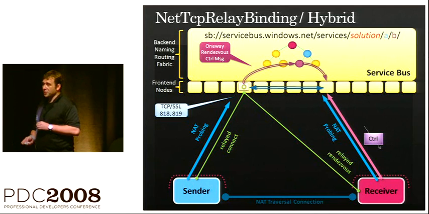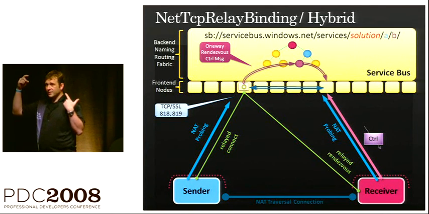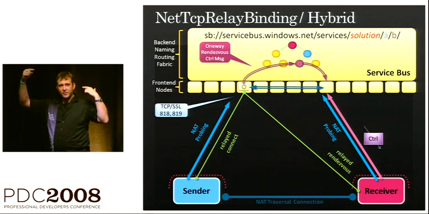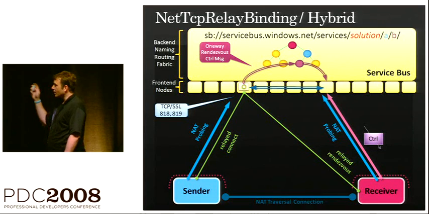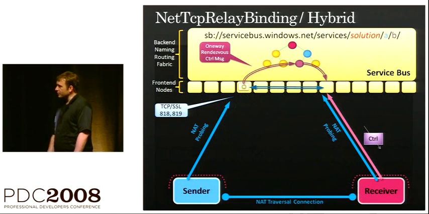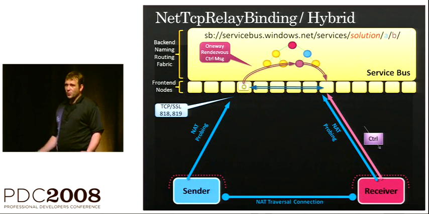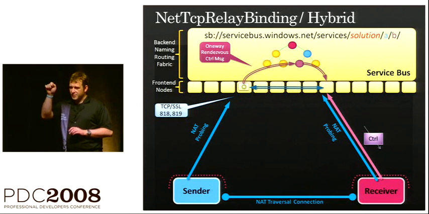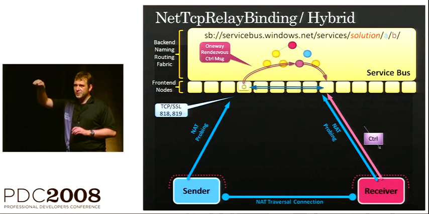They get information about each other, and they use a prediction algorithm to see what port is going to be open on the NAT when the next connection comes in. So there's a little bit of a gamble here, but with that, we're actually able to create that NAT traversal connection. If you use Messenger and you use the send me a file feature of Messenger, you notice that that is going slow, and then sometimes it's going fast. They're using the same trick.